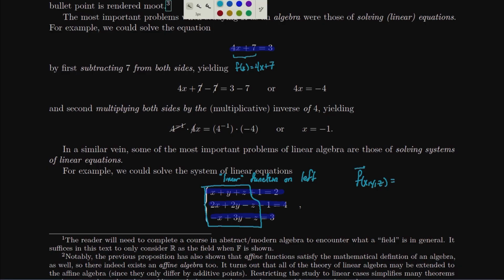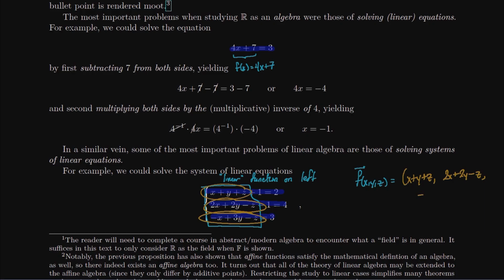What is the first output of f? It's x plus y plus z. What is the second output of f? It's 2x plus 2y minus z. And what is the third output of f? It's negative x plus 3y minus z. So f has 3 inputs and 3 outputs. And we're going to want to invert f. Finding f inverse will allow us to solve this system of equations.